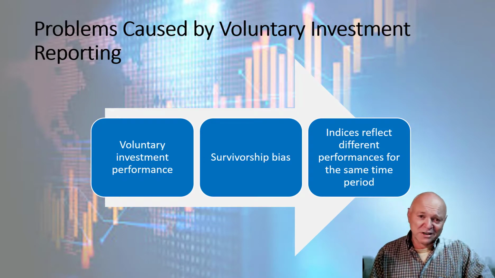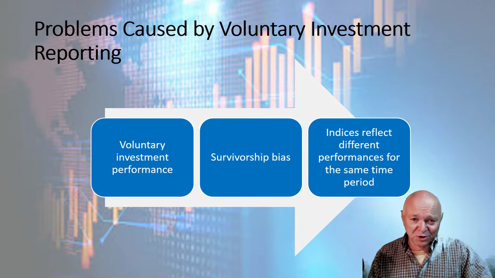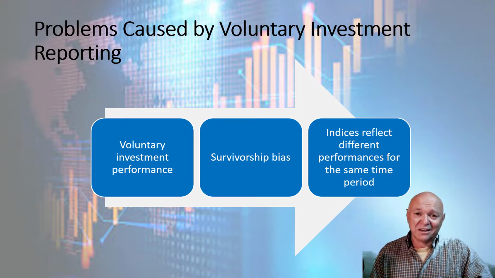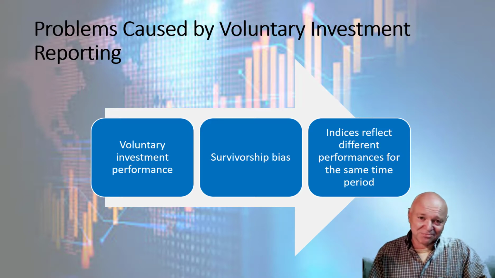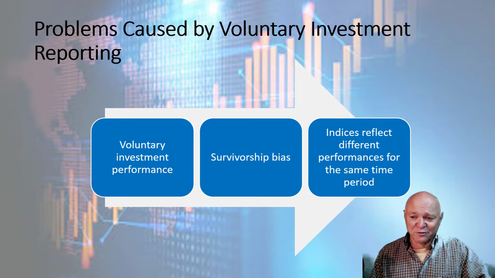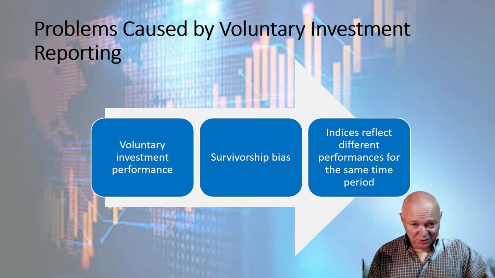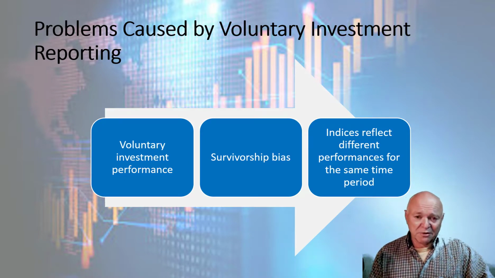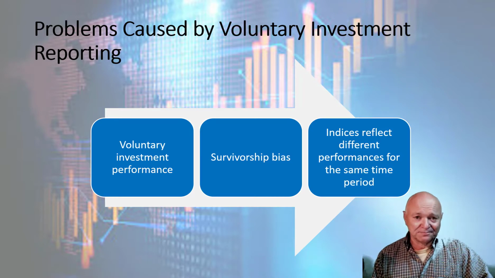Then we say, well, look, we had an average performance, but it really wasn't average because half the class disappeared at the midterm. So we're only taking the surviving half of the class and saying they did average, when obviously they must have done above average. There may also be timing differences because quite often the information that's reported is reported from previous periods. And so that creates a lot of stale, dated information.